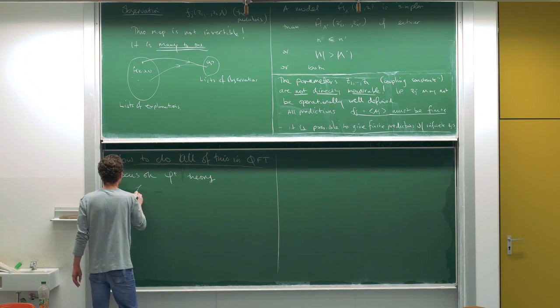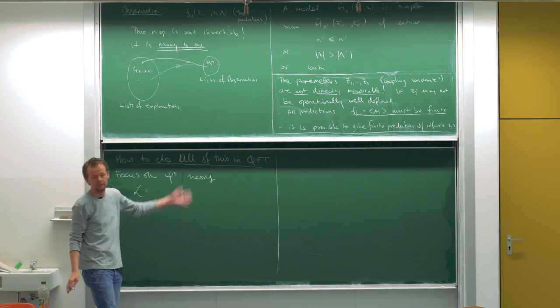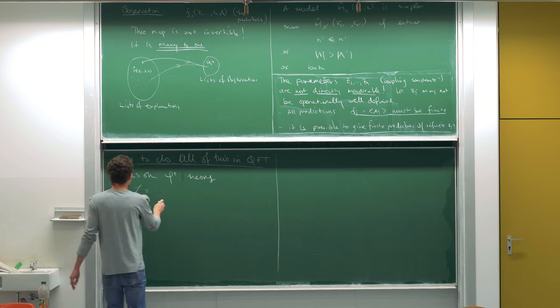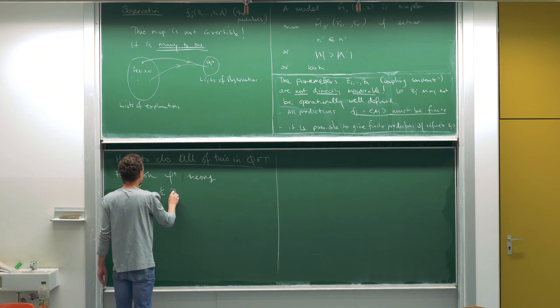So here our Lagrangian, which is equivalent to having a Hamiltonian in most cases, is this.